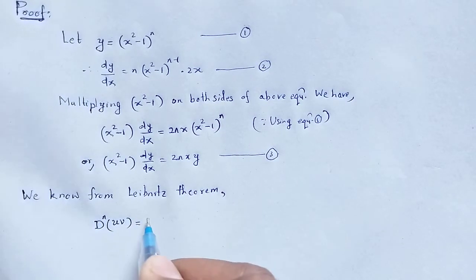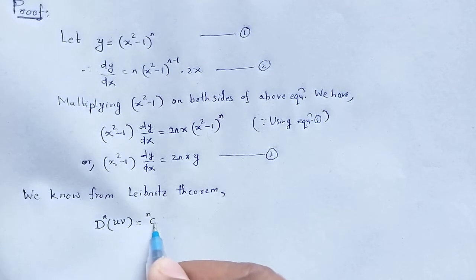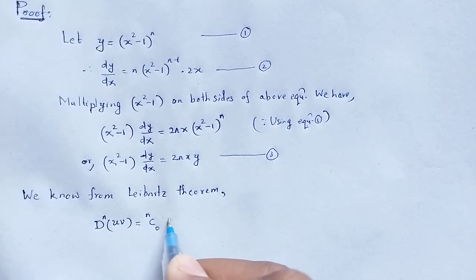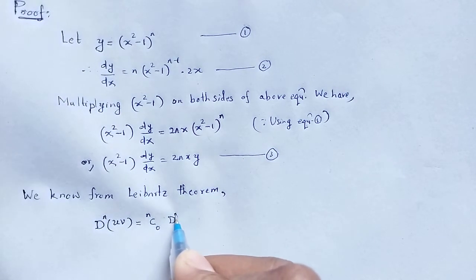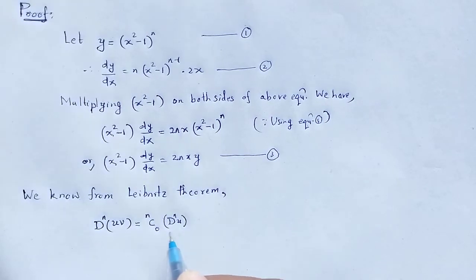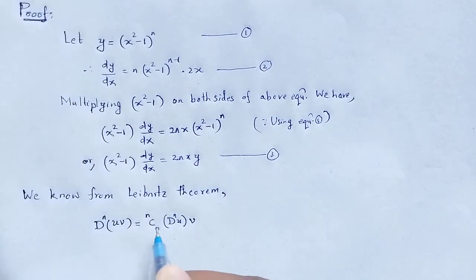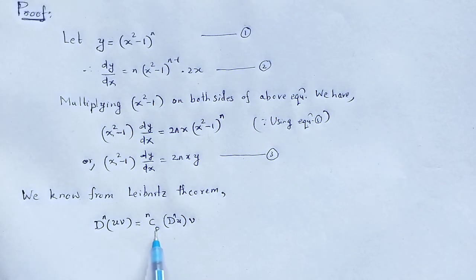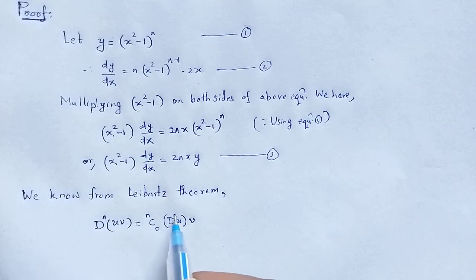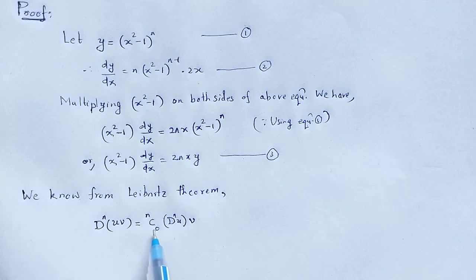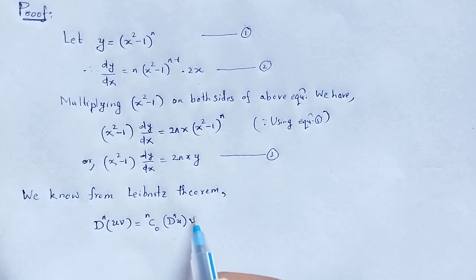nc0, taking u as the first function, that is nth order differentiation of u, then the 0th order differentiation of v, that is v. That means nc0, that is n, nth order differentiation of u, and the 0th order differentiation of v.